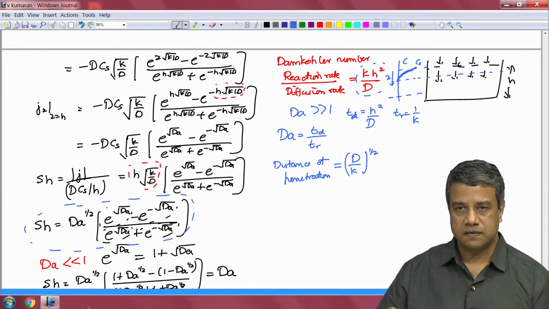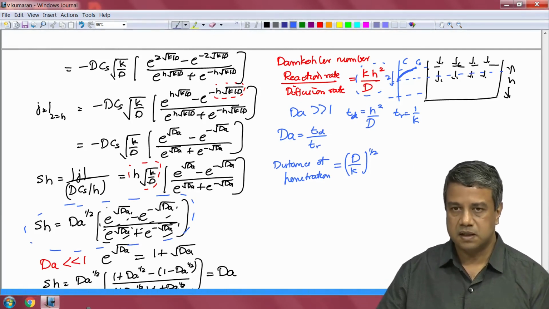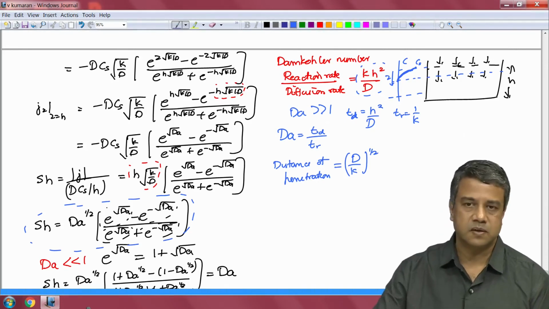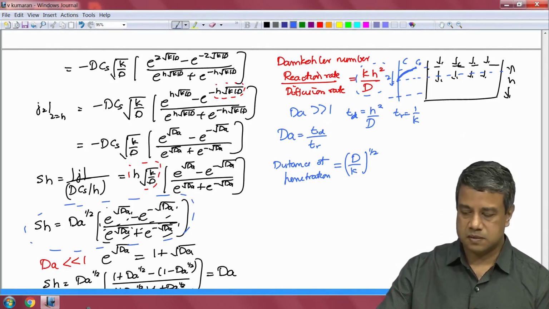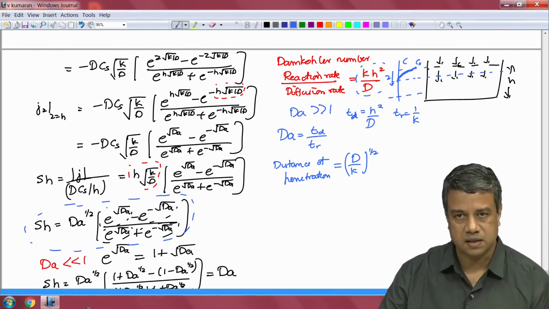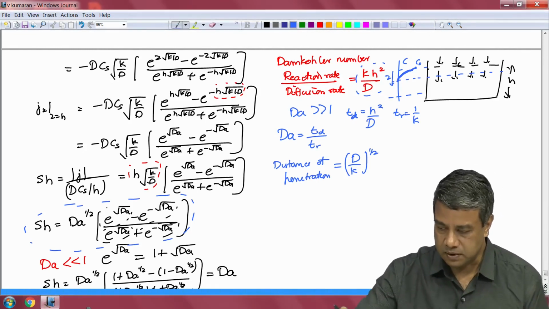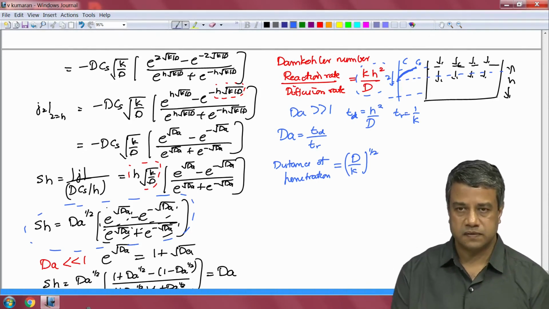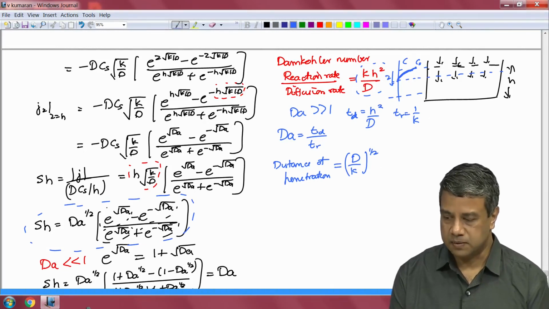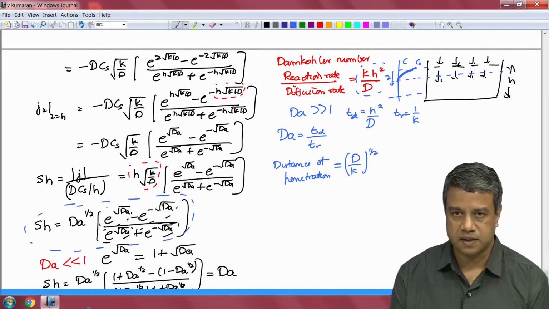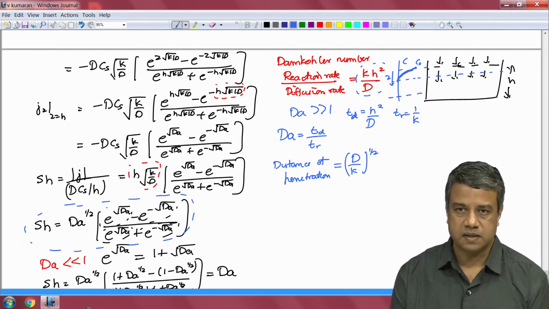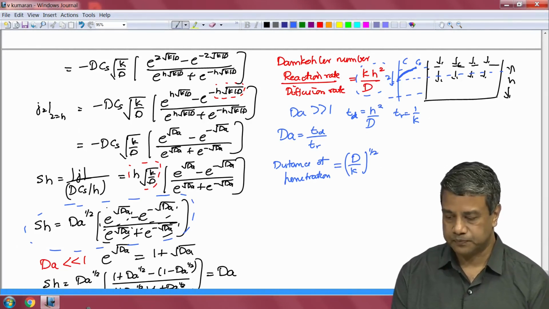D by k to the half is the thickness of that region in the limit of high Damkohler number, where this thickness is much smaller than the height h. Material will be confined only to that thickness close to the surface in the limit of high Damkohler number, where the reaction rate is very fast, and the reaction time is very small compared to the diffusion time.